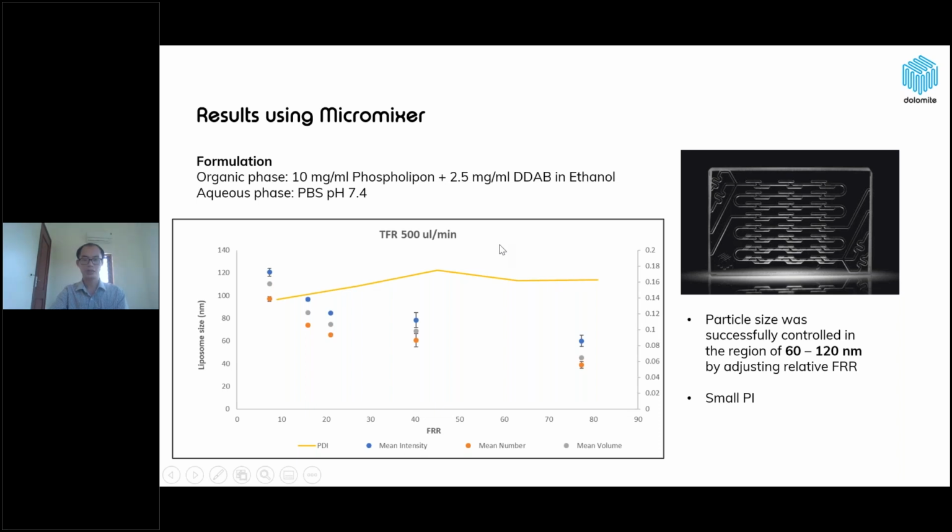So using the micromixer chip, we can obtain the smallest range of particle size, and also a higher production rate or throughput of the process.